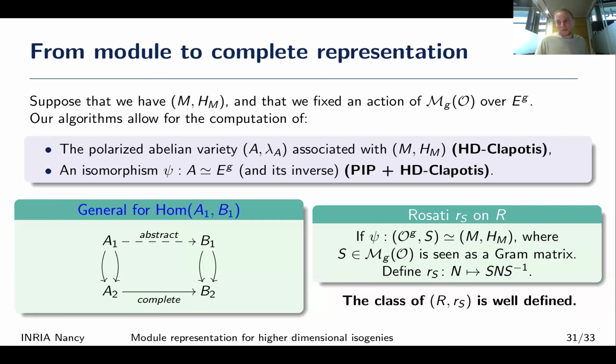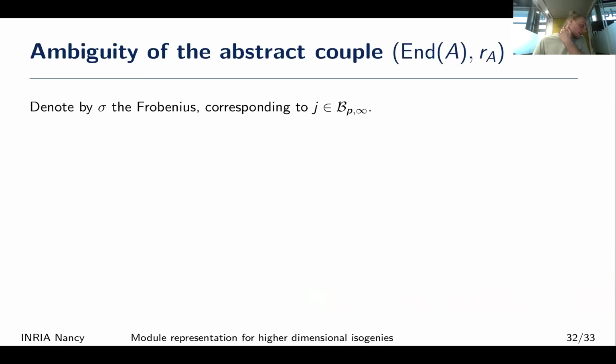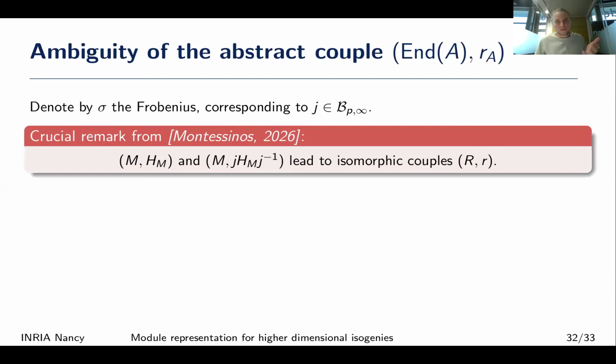So just before concluding, I wanted to make a slide because at some point, at first sight, we missed something in our paper. What if we try to do the converse? What if you give me an abstract ring R together with an involution? Can I recover the corresponding Hermitian module? The fact is, this question is not well posed because, as Montesinos told us, there are two modules which are not isomorphic but led to the same isomorphism class of couple.